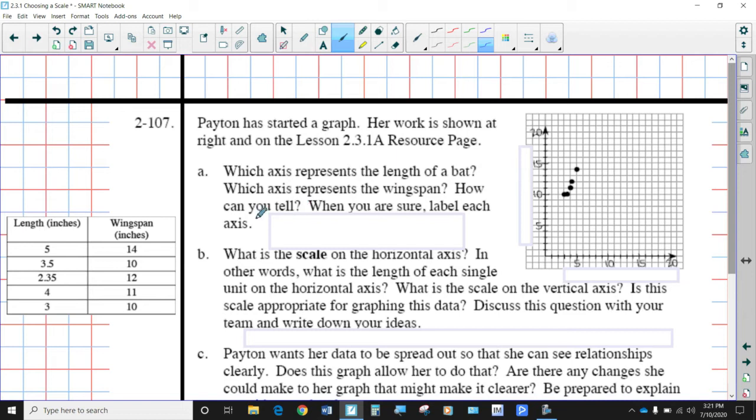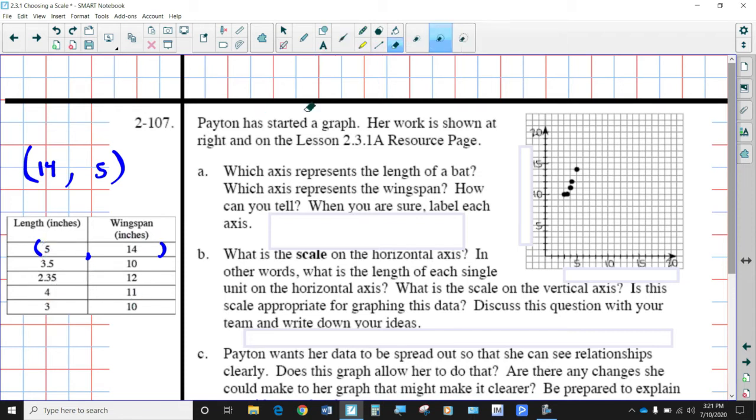If you thought of this as 5, 14, like we did with that 2, 15 I had on that opening page, then this would be the x-axis, and that would be the y-axis. But you could also flip them around and make the x be 14 and the y be 5. So the question is, which one is it? Which of these are referencing the x-axis, and which of these are referencing the y-axis?